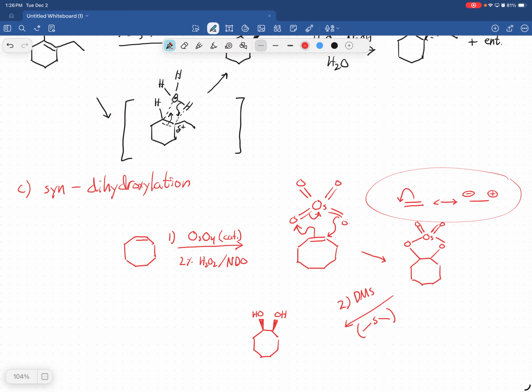So oxygen now is playing tug of war with the other oxygens, so it could be still partially positive. Okay, so we could still kind of label this partially positive too for the oxygen, even though that's kind of weird. And when you put a metal in there, things get kind of weird there.